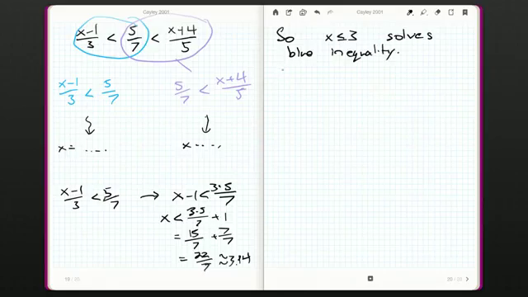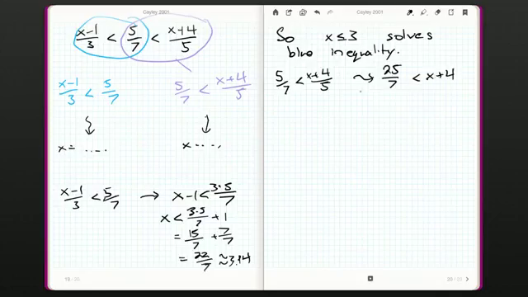Now how about the lavender inequality? Again, we're just trying to get the x all alone on one side, so we'll multiply through by 5. The sign of the inequality doesn't change. We get x plus 4 here, and then we'll subtract 4 on both sides.